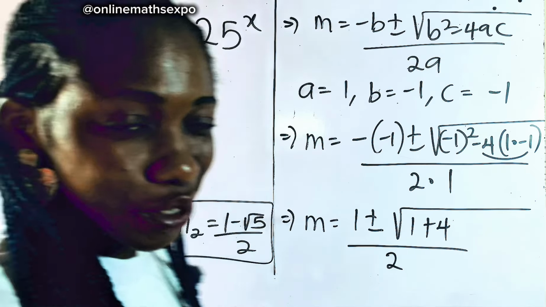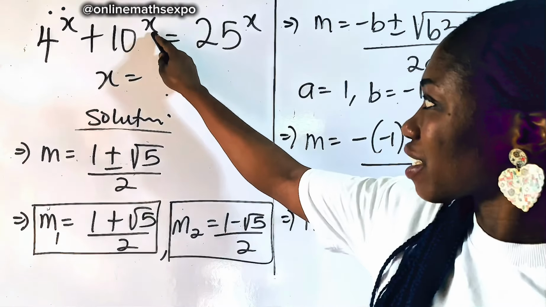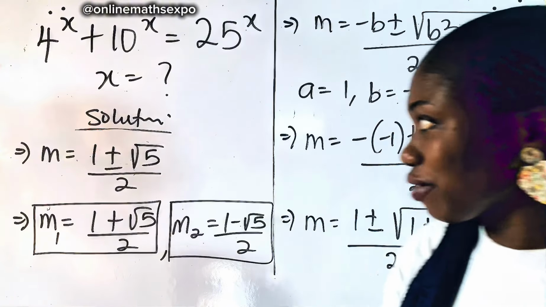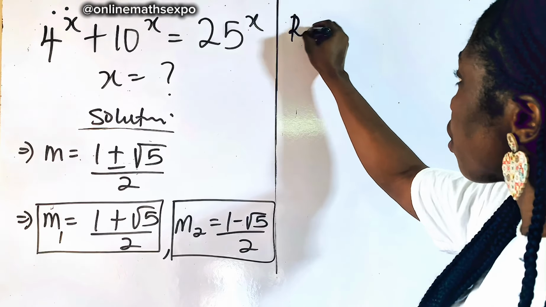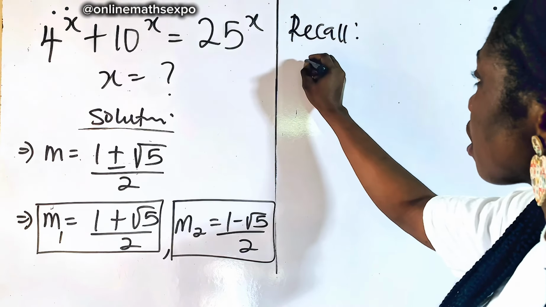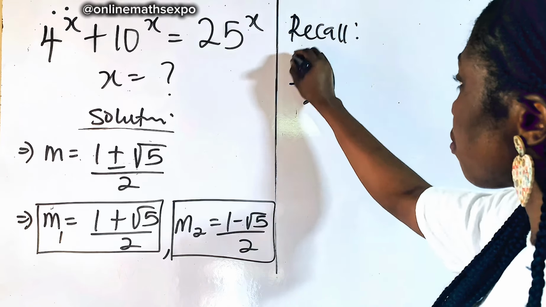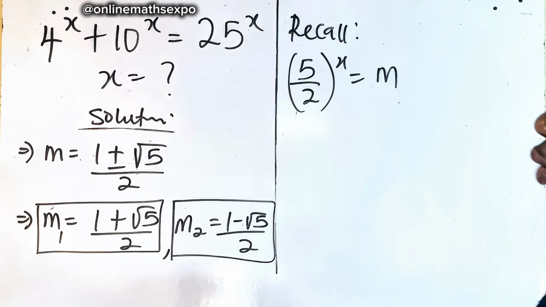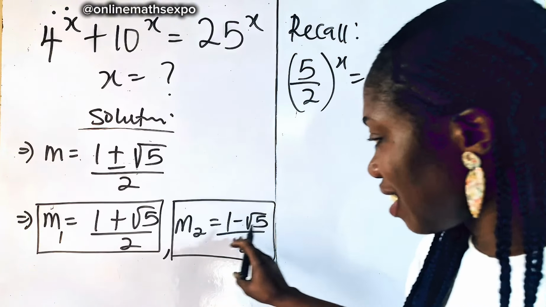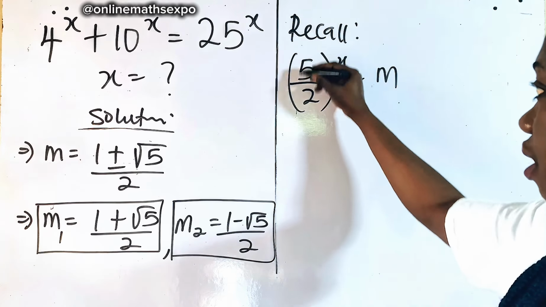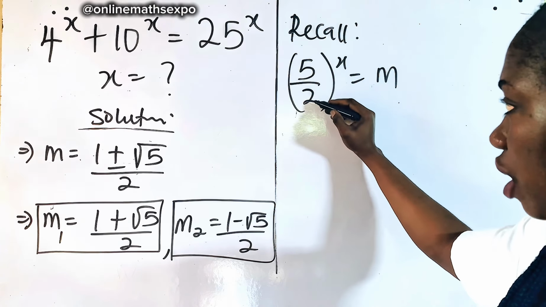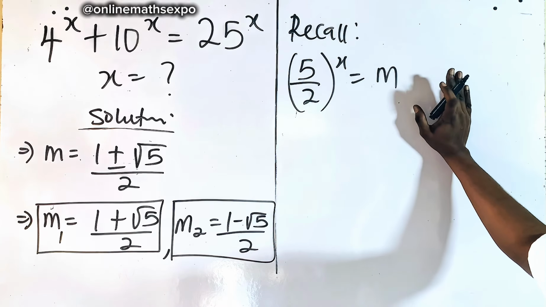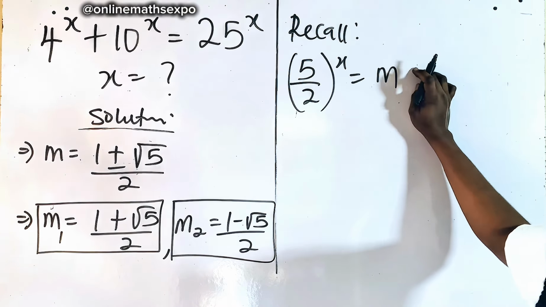But you know our target is to find x. So let's go back to where we left the statement behind. We recall we said 5 on 2 to the power of x is equal to m. Now at this point, we have to be very careful in selecting the m, because we know that this base is a positive base and we are not supposed to have m be negative.